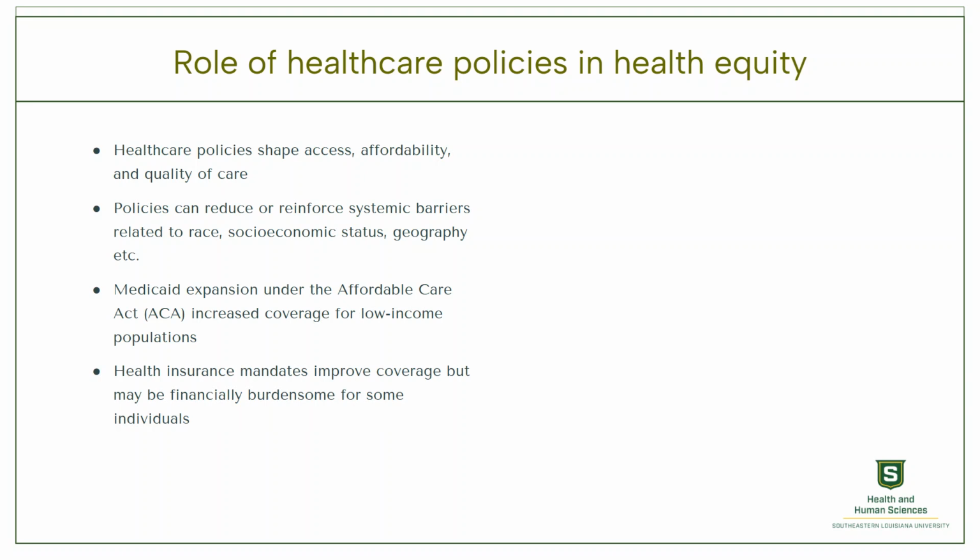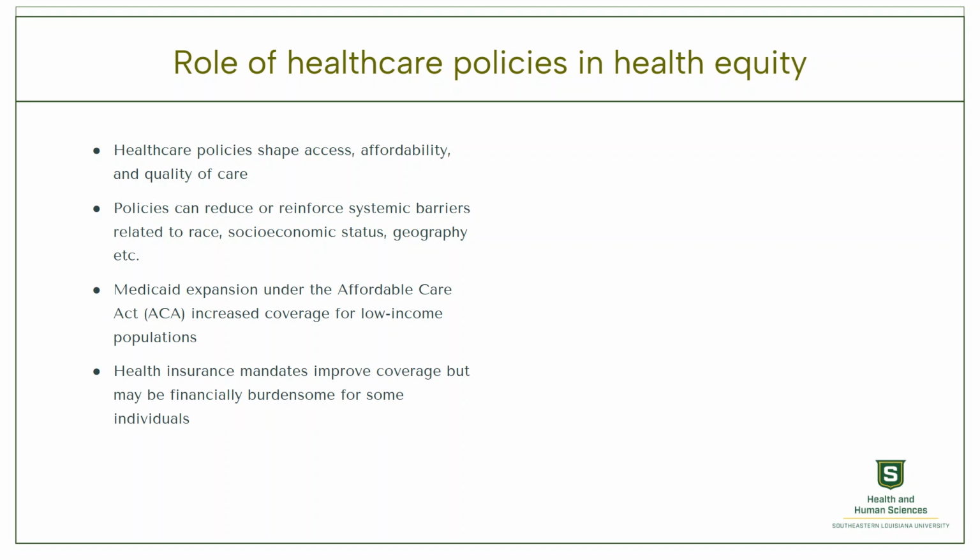Another example of a positive on one hand and not so positive on the other would be the health insurance mandates, which were able to improve coverage for some people, but also made things more financially burdensome for others.